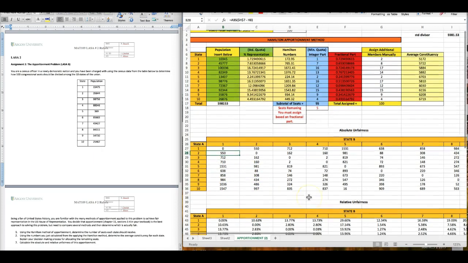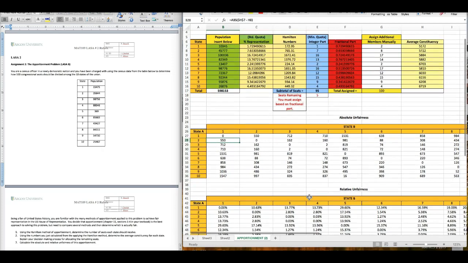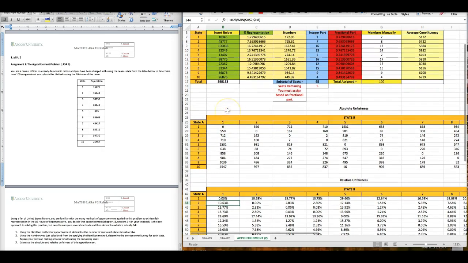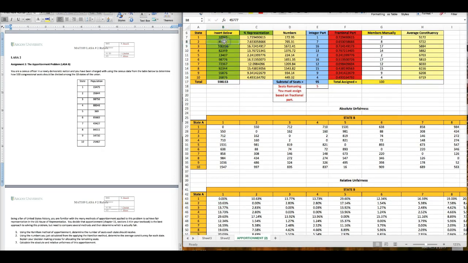And what's down here, the relative unfairness, is the percentage of that change. If I look here, the representatives, whichever one has a higher population, I'll come up here and look at it. Here we know that state 2 has a higher population than state 1.